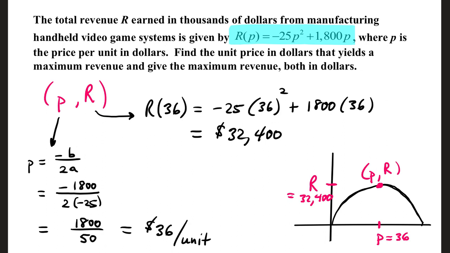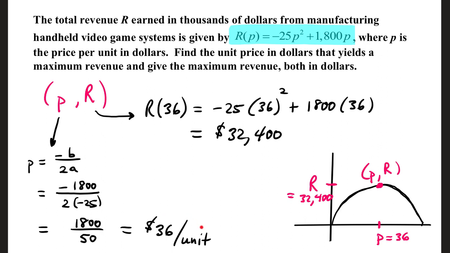In the denominator, we have 2 times a, and a is your quadratic coefficient, negative 25. Negative 1800 over negative 50, the two negatives cancel. 1800 divided by 50 tells us that we have a $36 unit price.